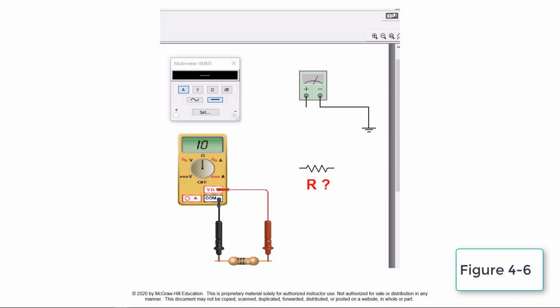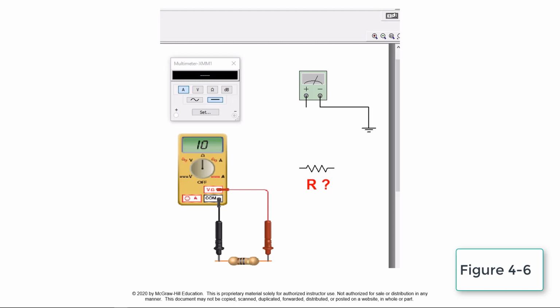This simulation demonstrates the proper connection of an ohmmeter used to measure the resistance of a resistor. Unlike the ammeter or voltmeter, the ohmmeter operates from a battery located inside this instrument. For this reason, ohmmeters should never be connected to live circuits.